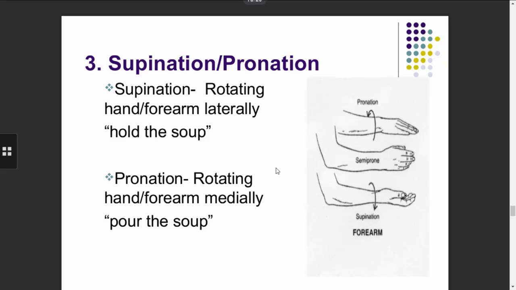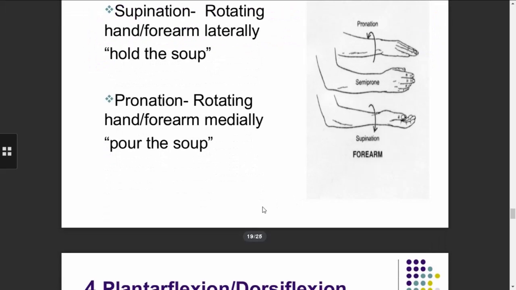What will be the position of your arm? That will be supination. And pronation is rotating the hand or forearm medially, like this one. You are pouring this soup. What will be the position of your arm? Imagine it.